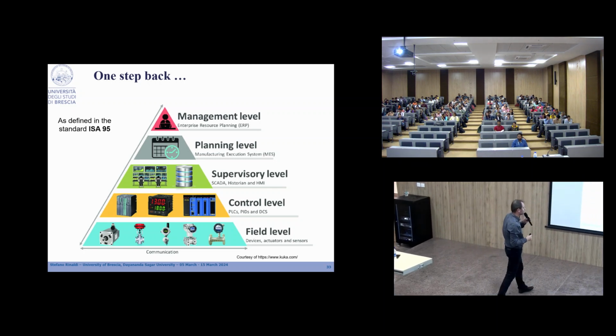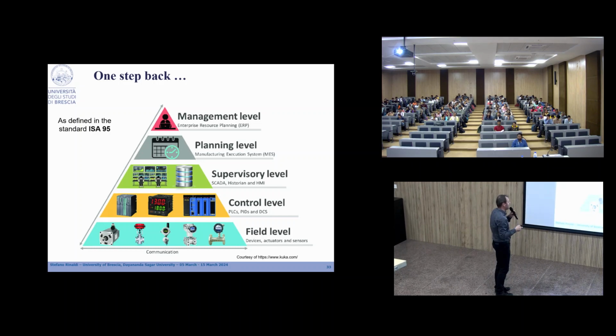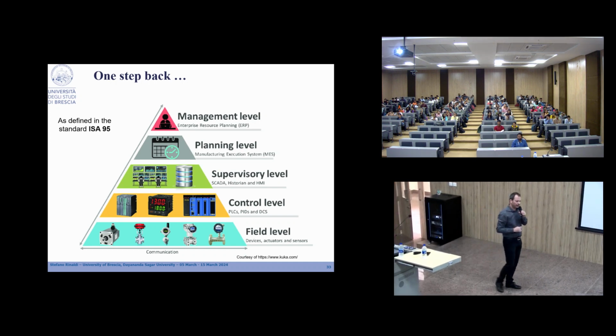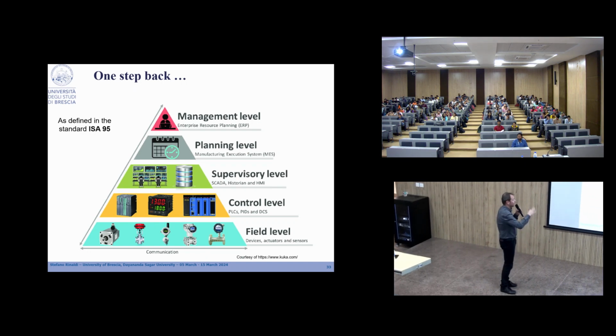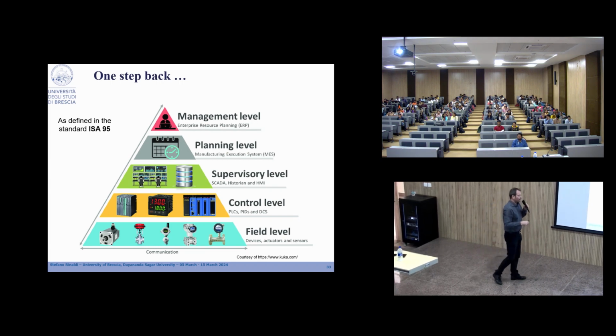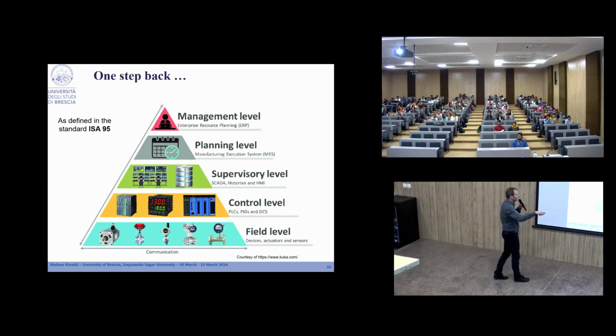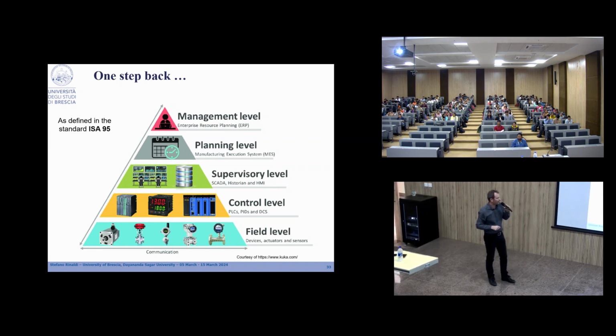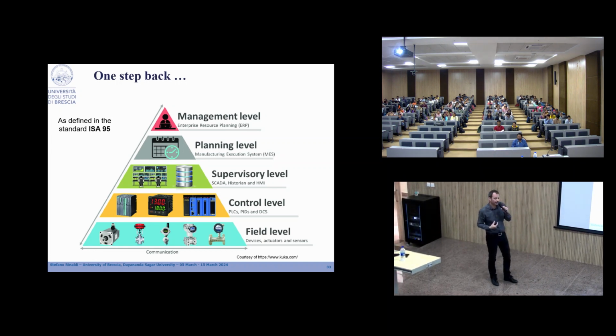But in the automation system, I also have to transfer the information from one level to the other one. So you have another type of communication inside industrial plants, a vertical communication that allows the communication and the data exchange between devices of close levels.